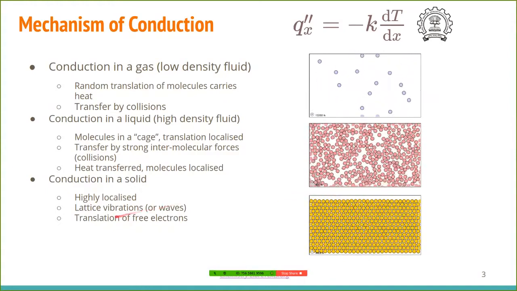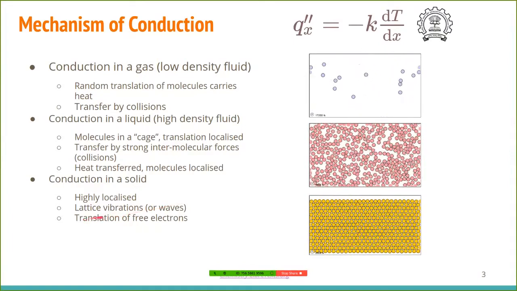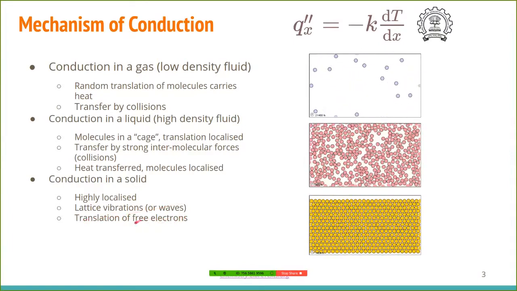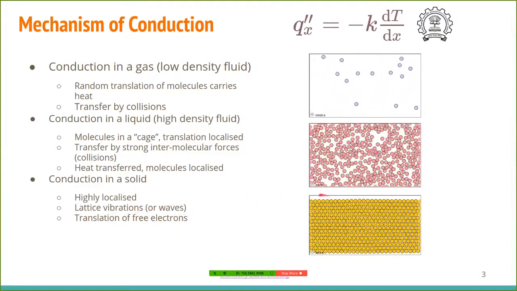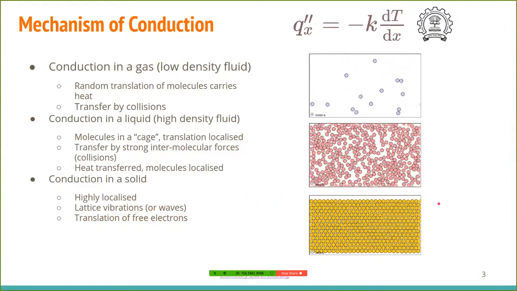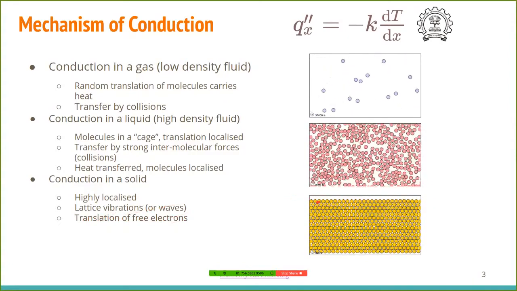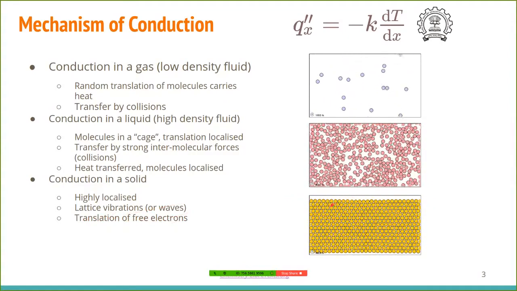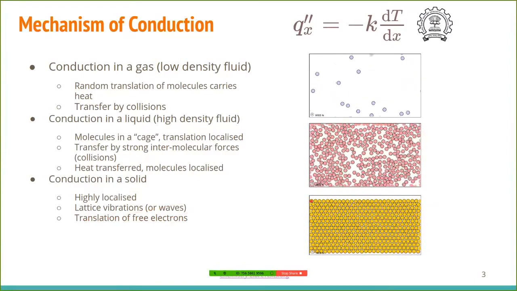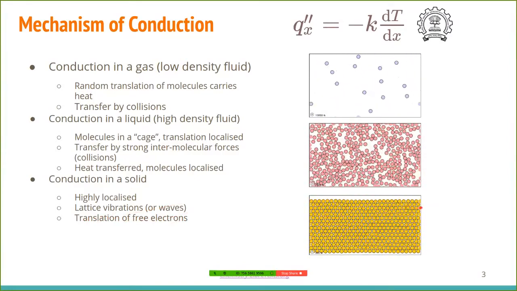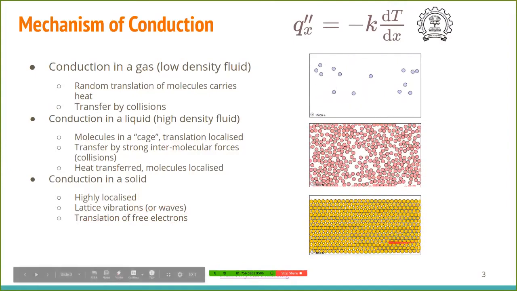In the case of metals, there is also an additional mode of transport, that of free electrons, because electrons can move across these molecules. Electrons also have random kinetic energy in their motion, and they can carry it across the solid.